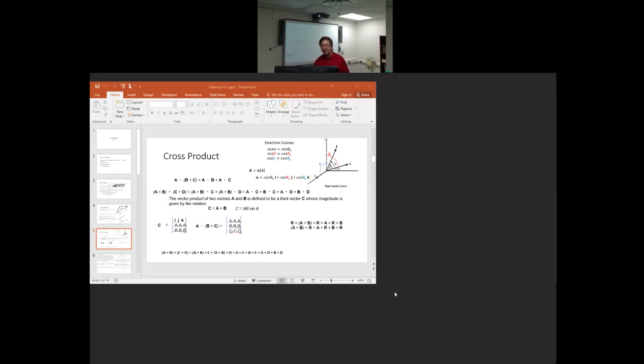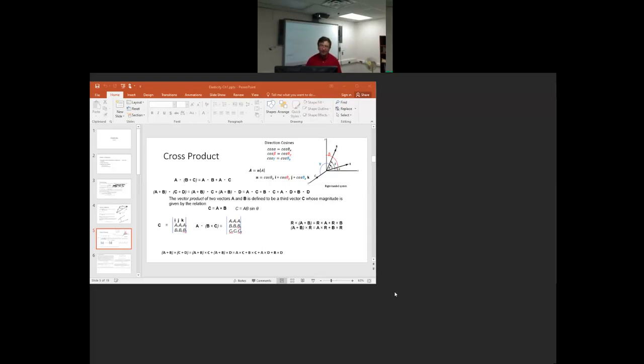So basically, the triple product is a scalar, a magnitude, and it is a volume. It's equivalent to the volume of the shape that A, B, and C are edges of. And obviously, if all three are on the same plane, then the volume is 0, and the triple product is 0.